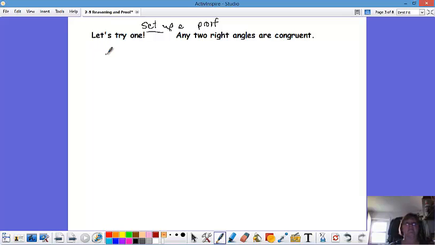Let's see if we come up with the same thing. Mine is going to sound something like this. If two angles are right angles, then they are congruent.